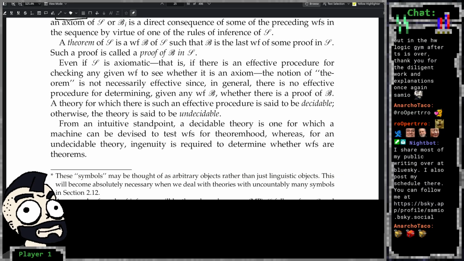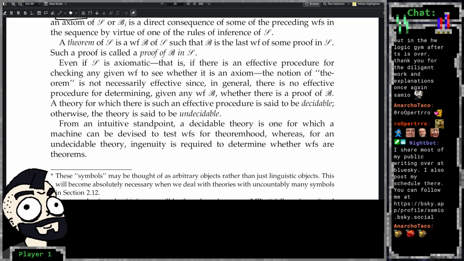They are not decidable. And spoilers, any axiomatic system beyond a certain threshold of complexity is undecidable, or has undecidable theorems.